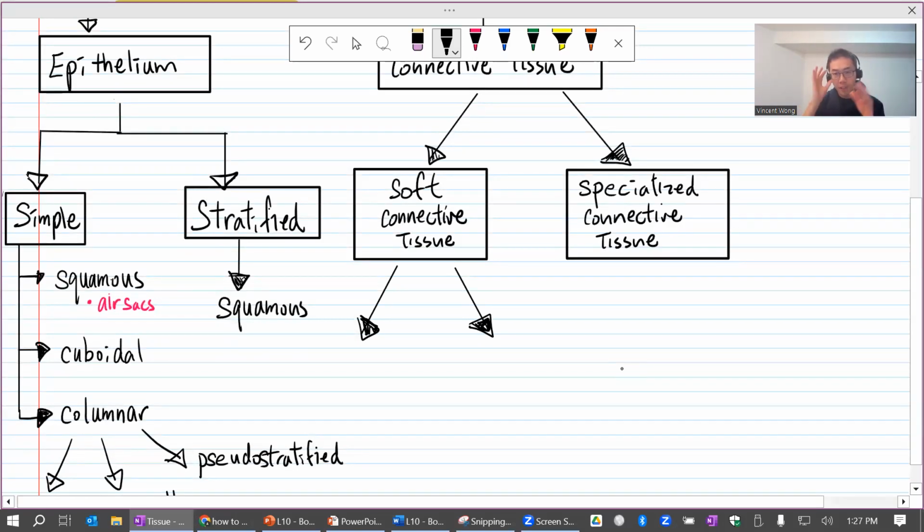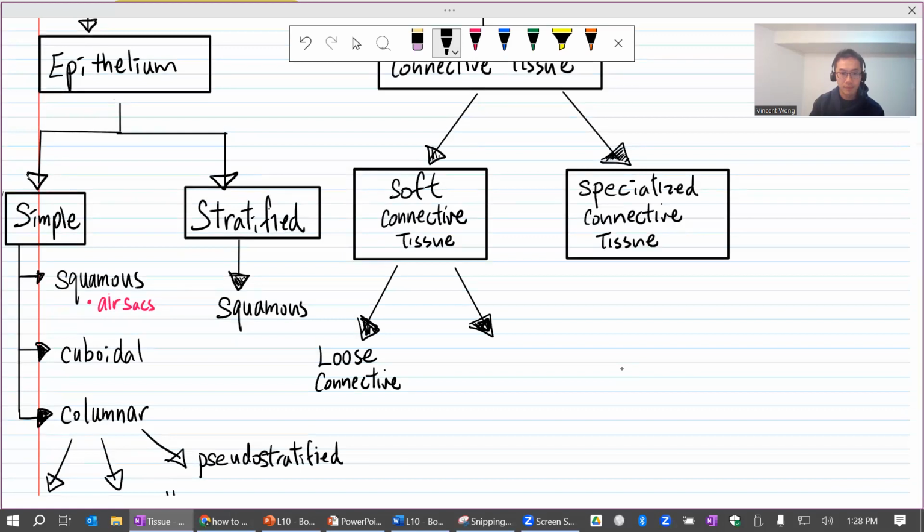For soft, we have the one that's underneath the skin. Remember I told you to pinch yourself and then rub it around? What are you feeling between your fingers? Loose connective tissue.